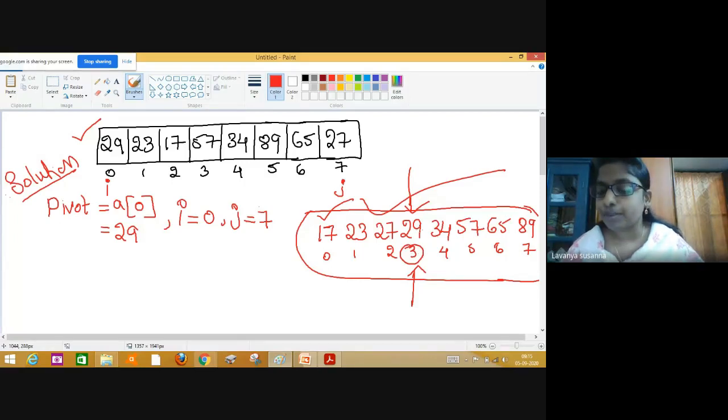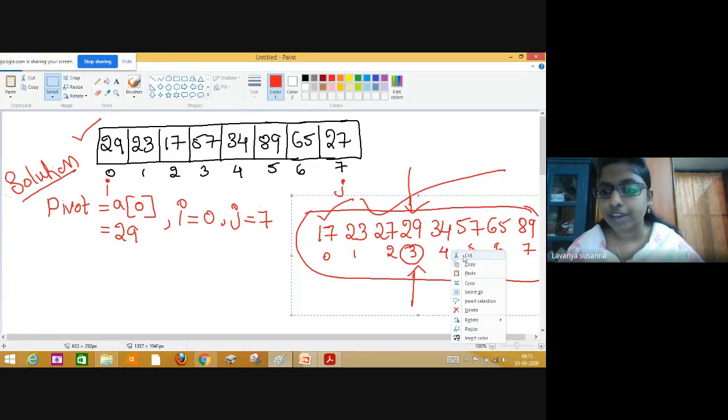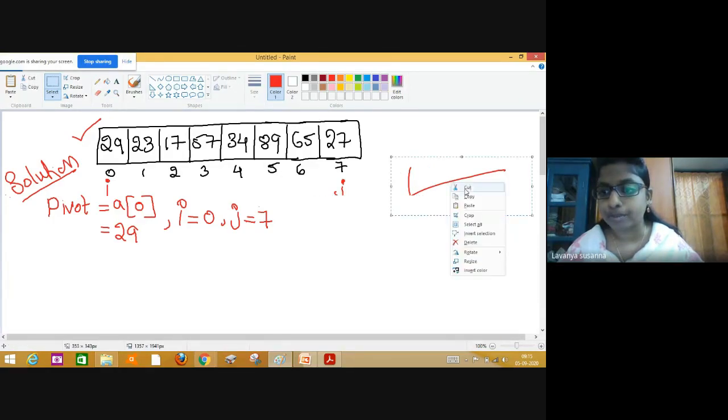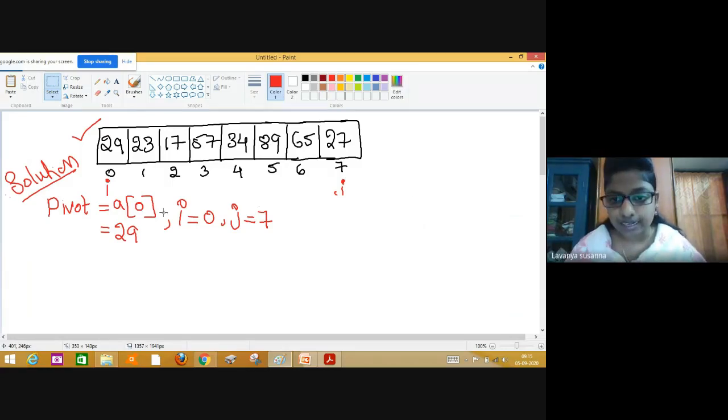If pivot element 29 is not coming to its position 3, what you have solved is wrong. Remember this point. This is important. Again, you need to solve the problem. Okay, remember that. Now let us start.